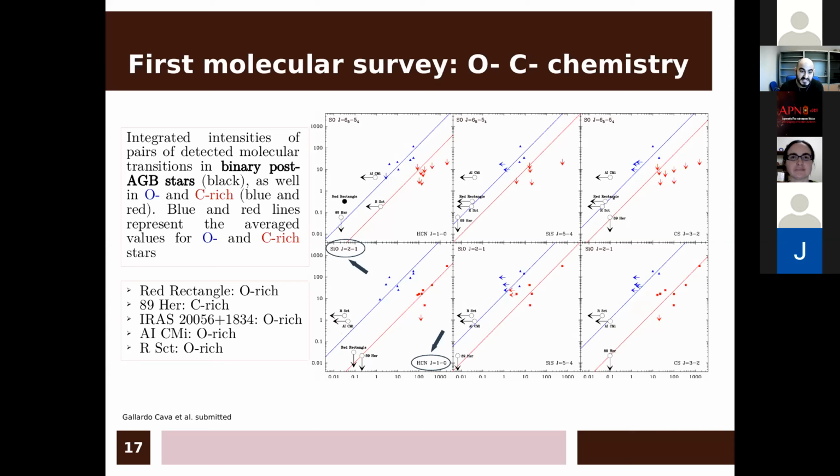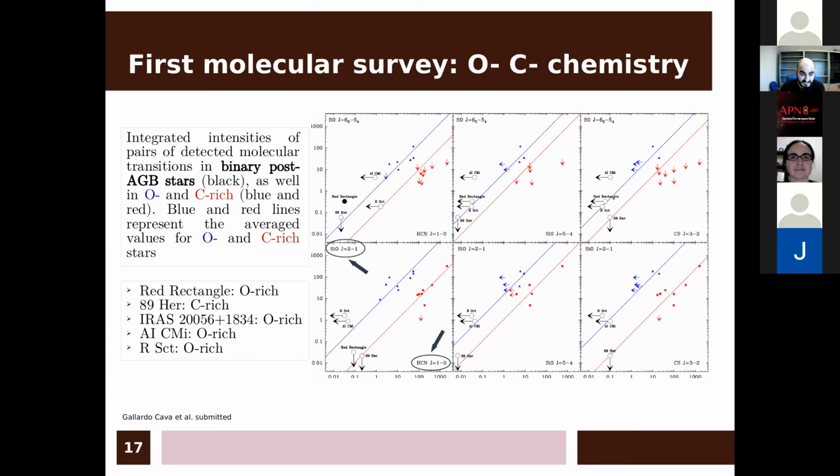So this object is peculiar. In my opinion, maybe there is some contamination in the binary system, because the mass is not compatible with a carbon-rich star. What is the proportion of carbon-rich to oxygen-rich chemistry in your sample?